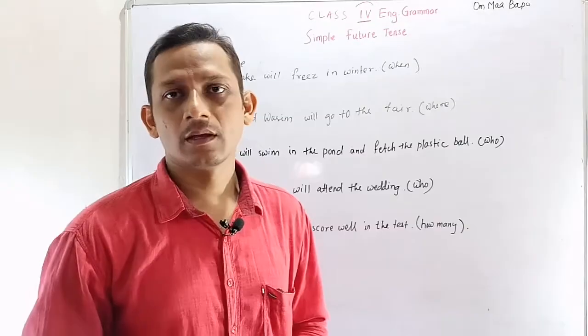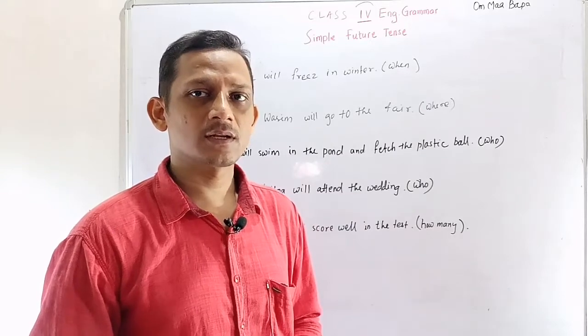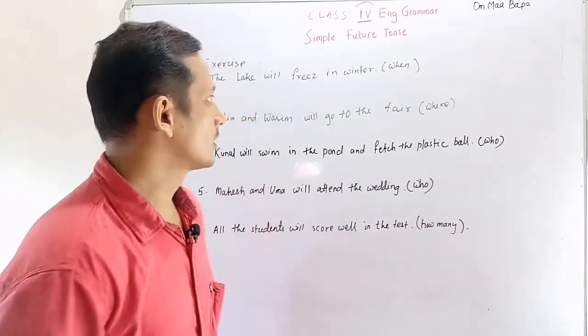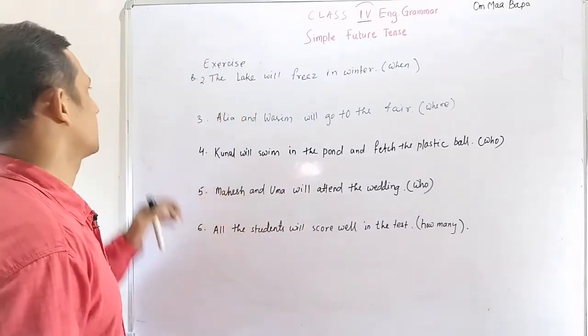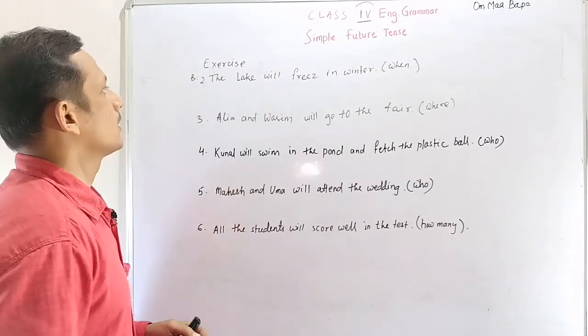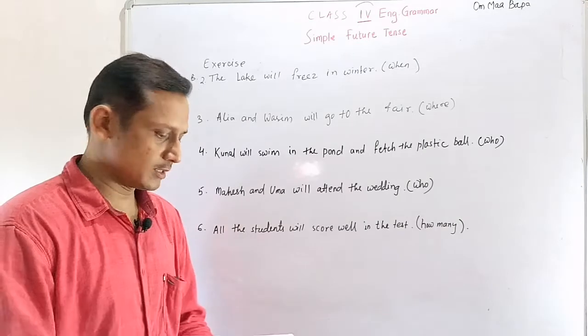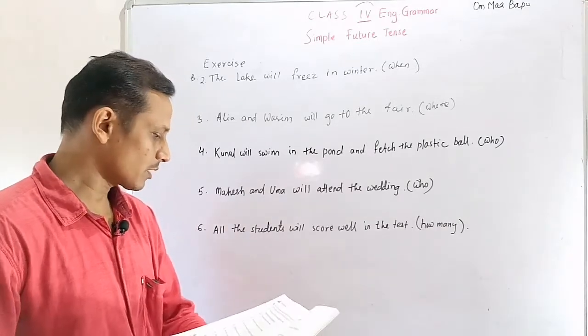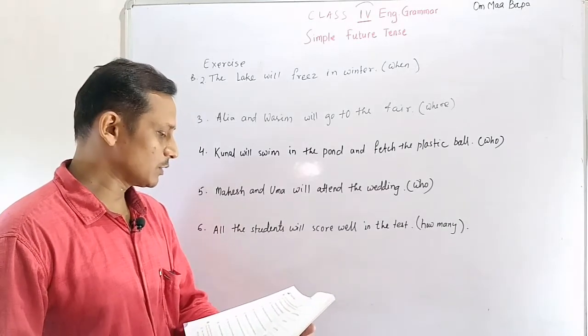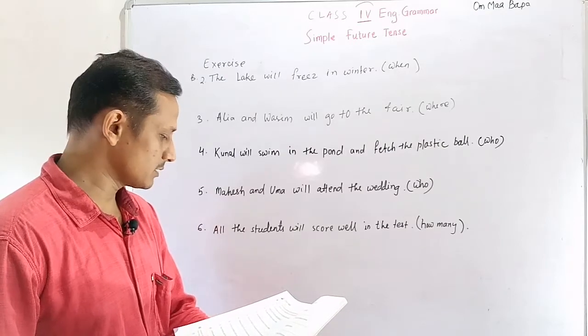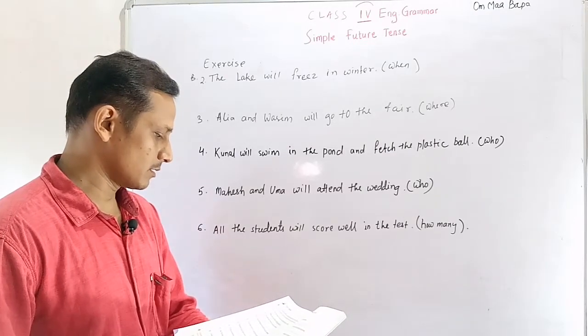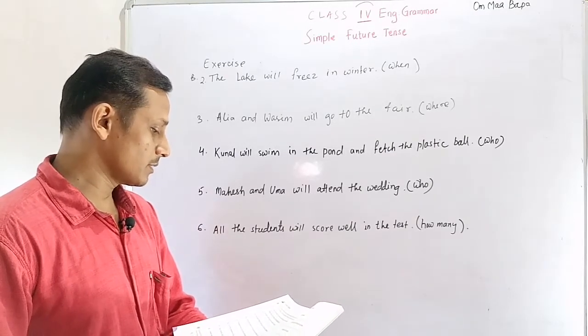Okay, now children, let us do some question and answer from your textbook. Exercise B, we have to make questions. Convert the sentences into questions beginning with the question words given in brackets. Use the simple future tense.